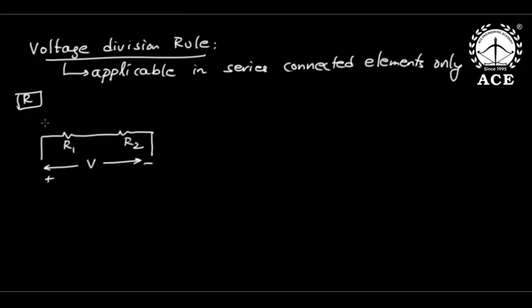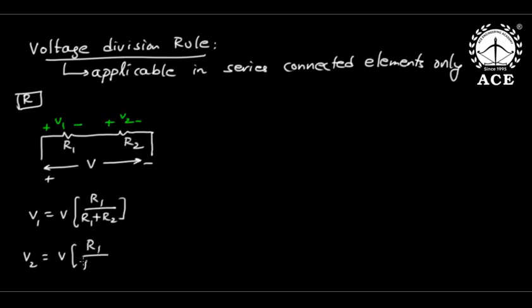Now I want to write V1 and V2. This V1 is total voltage into R1 by R1 plus R2. Then this V2 also is total voltage into R2 by R1 plus R2. This all comes from Ohm's law, sir.